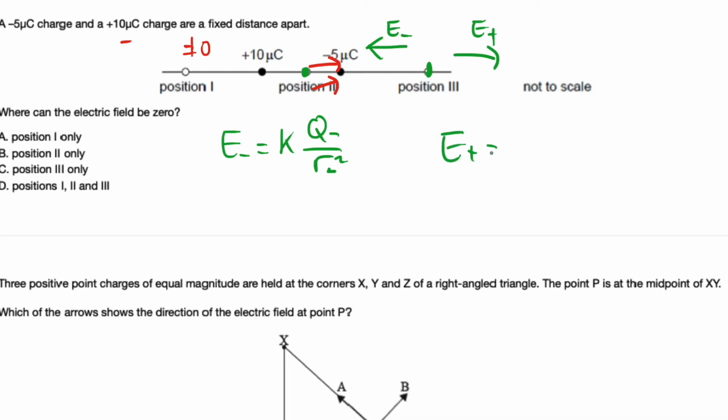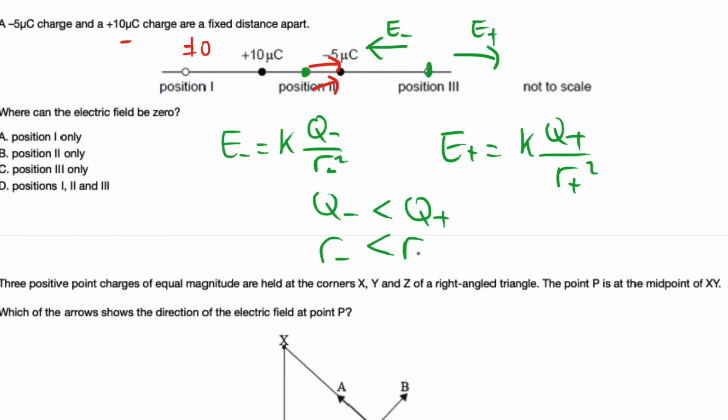E plus is going to be equal to KQ plus over R plus squared. Q minus is less than Q plus, and R minus is less than R plus, so the electric field can be equal to 0 in this position. Position 3 can have an electric field of 0.